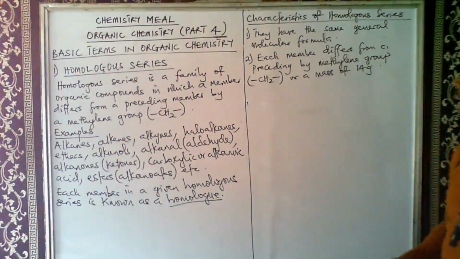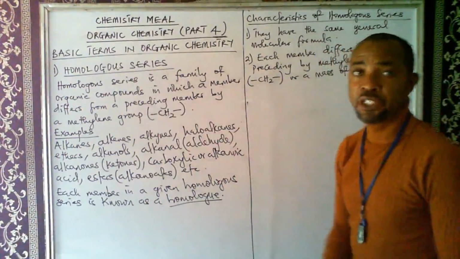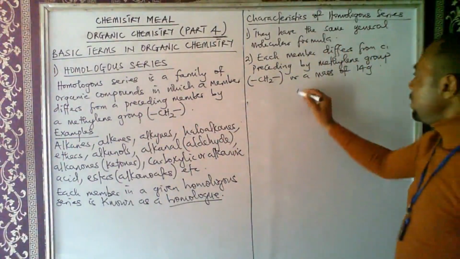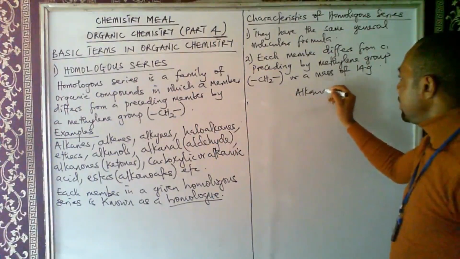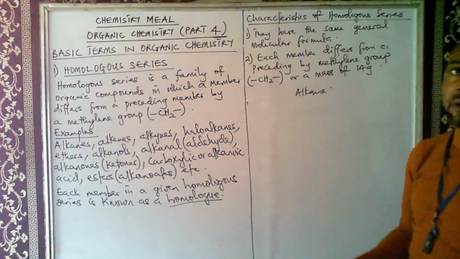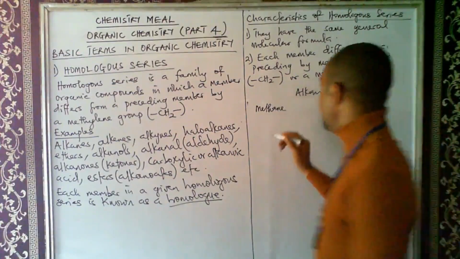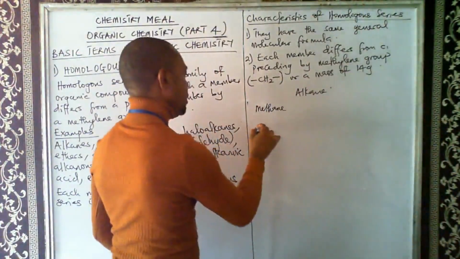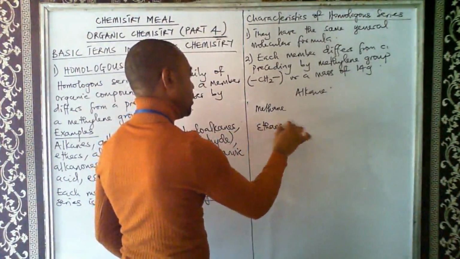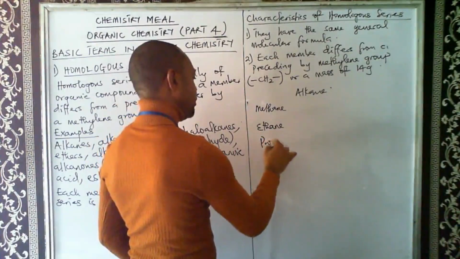Let's still use our alkane so that we can now see this definition at work. Let's write maybe the first 4 members of the alkane. The first one is methane. The next one is ethane. The next one is propane.